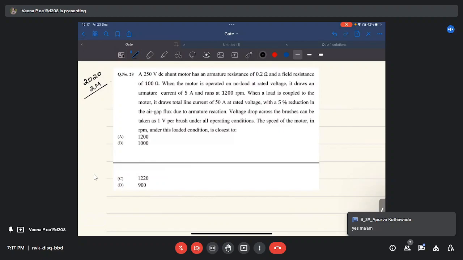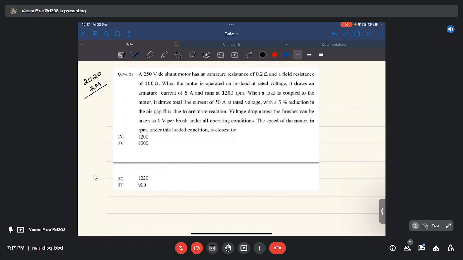So moving on to the next question. This is from DC machines, asked in GATE 2020 for 2 marks. A 250 volt DC shunt motor has an armature resistance of 0.2 ohm and a field resistance of 100 ohm. When the motor is operated on no load at rated voltage, it draws an armature current of 5 ampere and runs at 1200 rpm.